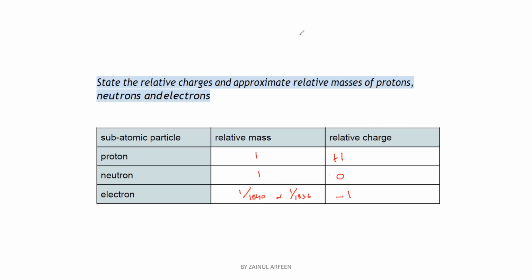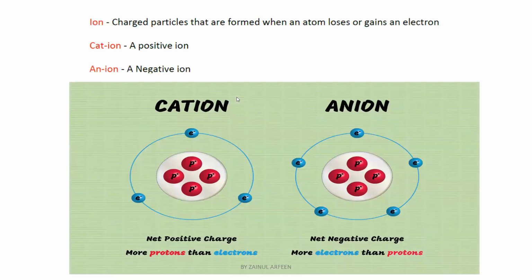Why is the whole atom neutral? Because it contains equal number of protons and electrons. Then the concept of the ions: the charged particles that are formed when an atom loses or gains electrons, we call that an ion.